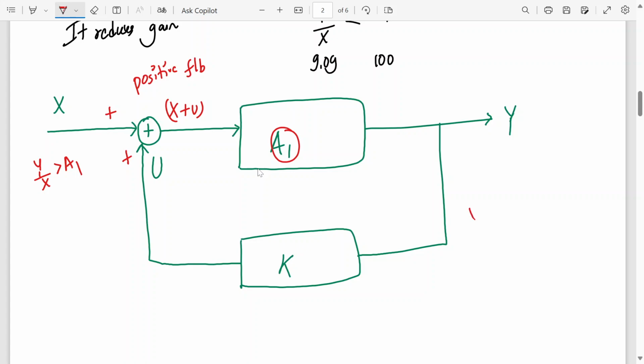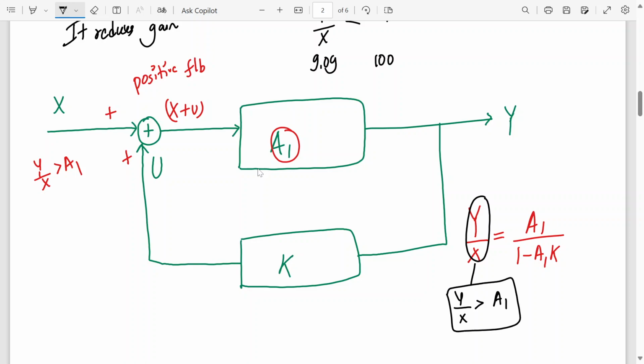Okay, let me write the output expression. It's a1 upon 1 minus a1 into k. ये समझा है? In case of a positive feedback, this factor is such that y by x is greater than a1. This is the consequence of positive feedback.